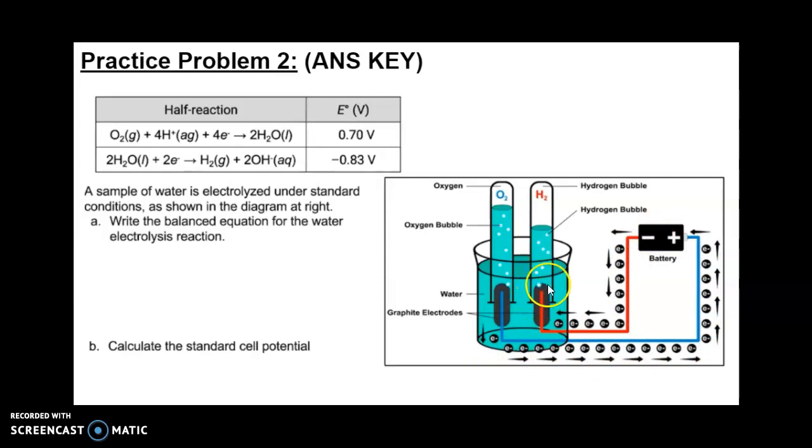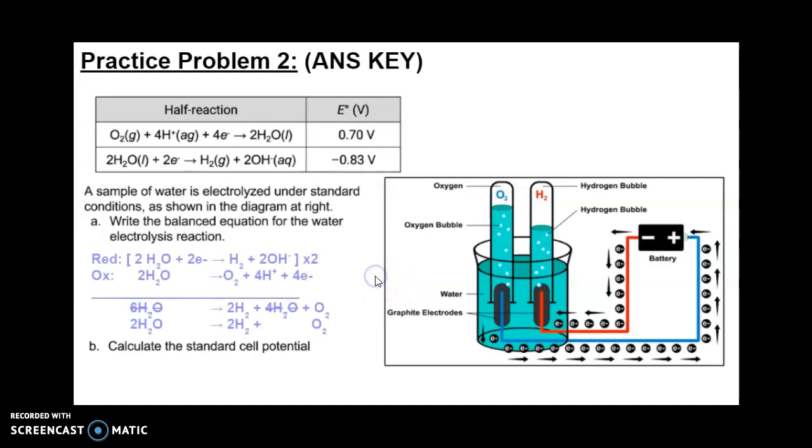So this is going to be our reduction location, our cathode, and then we're going to have our anode. Anode is oxidized. Now this one's a little bit different because we only have one reactant here. It's all in the same solution. This is the electrolysis of water. So notice it says that we have water here.